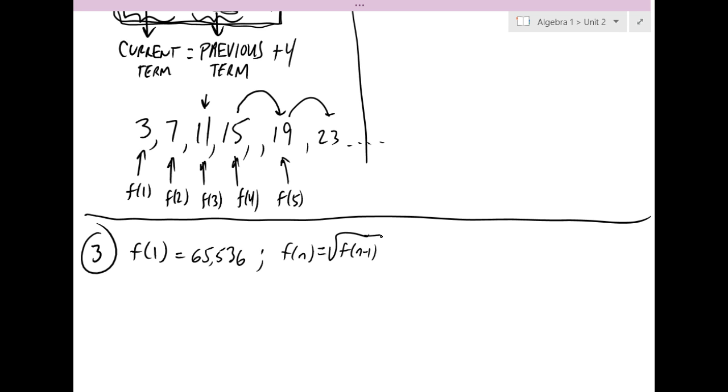Because it gives you the previous number. You're right. Where do you see that? Where's the previous number? What part of this references the previous number? f of 1 equals 65,536. This is just telling us the first term.